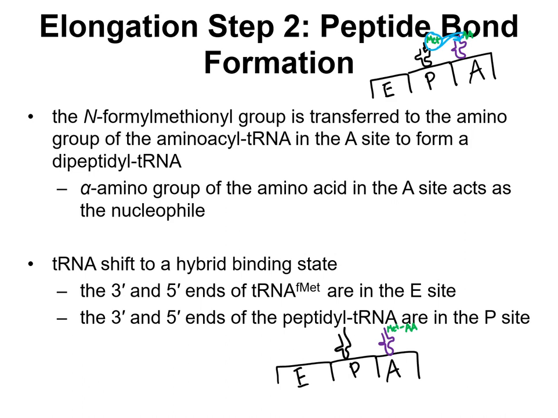Once that happens, you have to shift the empty tRNA to the E site, and the tRNA with the two amino acids, our growing polypeptide chain, has to shift to the P site. And that leaves the A site open for a new charged tRNA to bind.